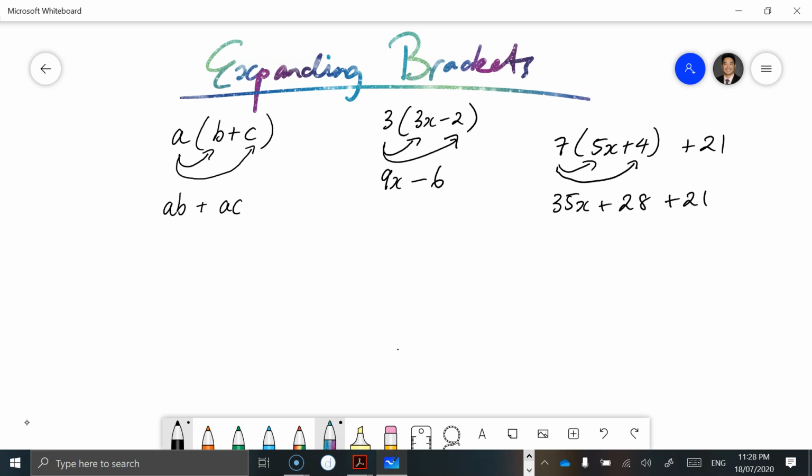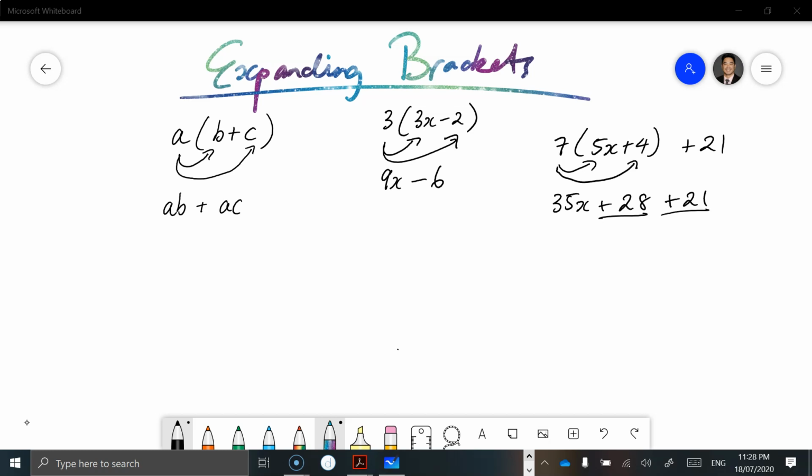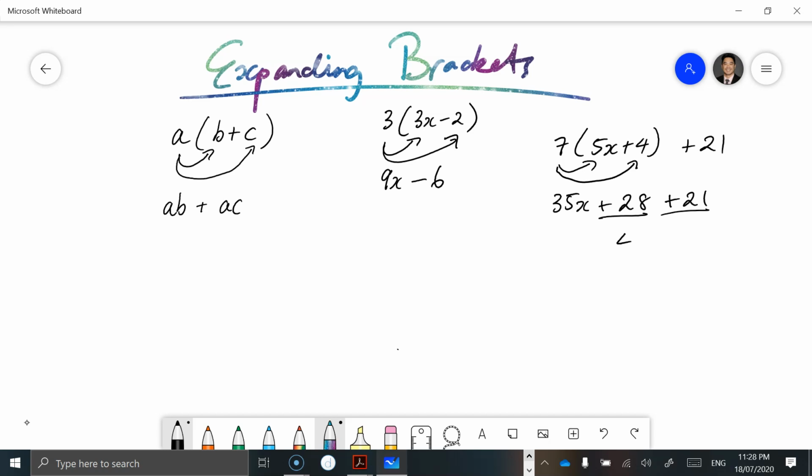Once the brackets have all been expanded, you've opened the boxes, you've unpacked it, then you can combine like terms. So we've got two numbers here, 28 plus 21 is 49, and so our answer is 35x plus 49.